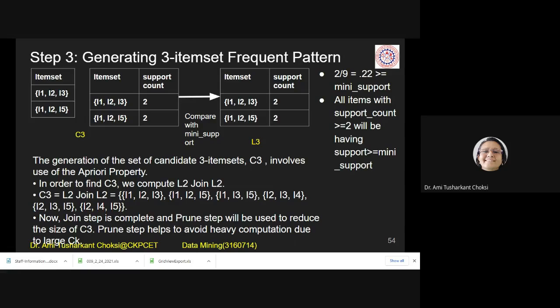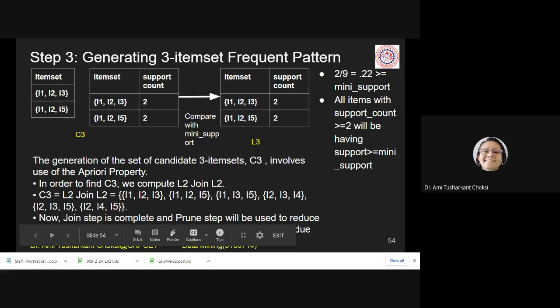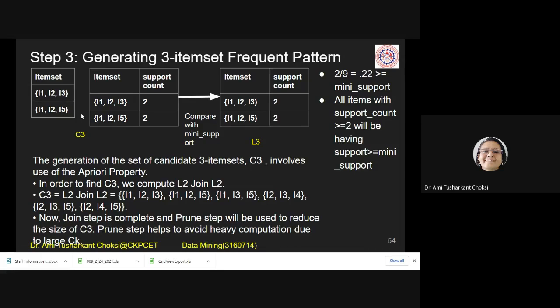That means an item set can be in C3 only if all its subsets are available in L2, the previous level frequent item set. Only those we join and proceed further. For the other items, the subsets are not available in L2, so we will not consider them, and we have only considered I1, I2, I3 and I1, I2, I5.